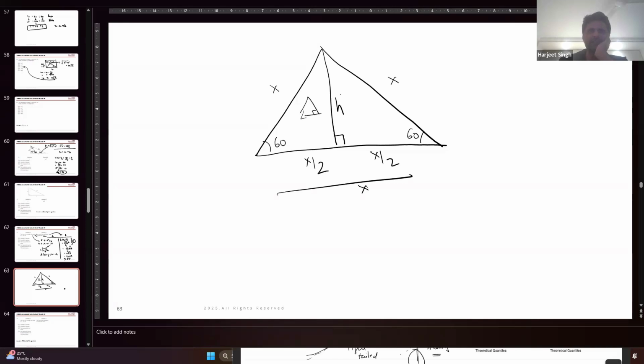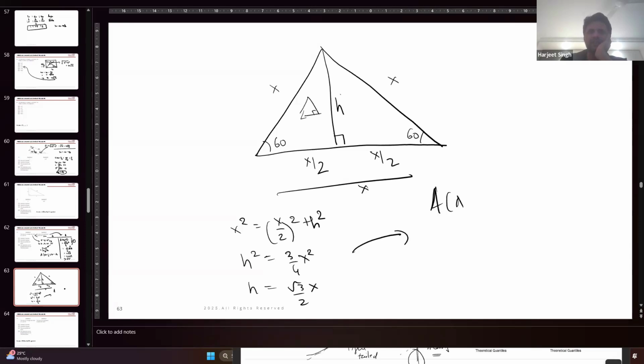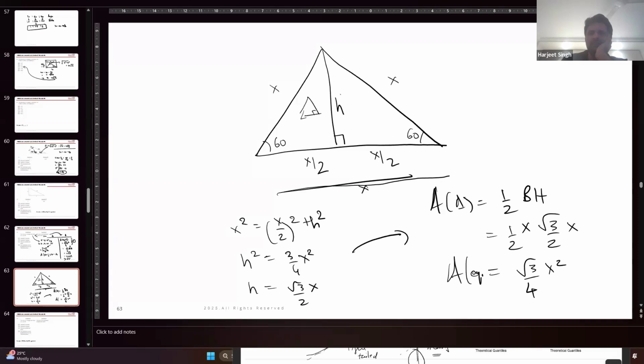And that will be x square is equal to x by 2 whole square plus h square. And hence h square will be equal to 3 by 4 x square. Hence h is root 3 by 2 into x. We use this in area of triangle, which is half base into height. Base is x, so half x into height is root 3 by 2 x. So the answer is root 3 by 4 x square. Area of equilateral triangle.